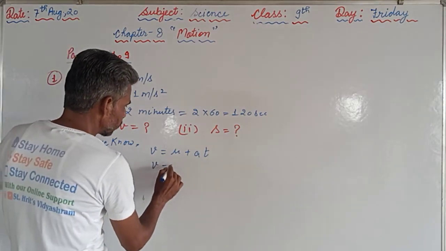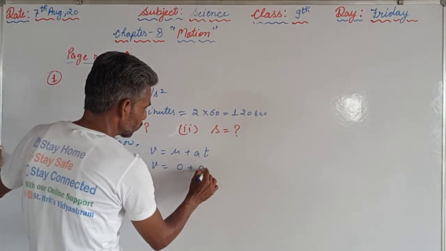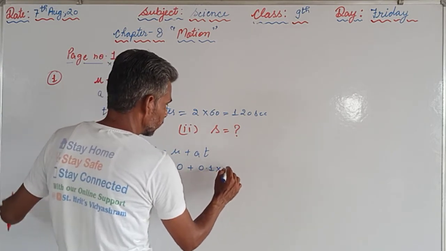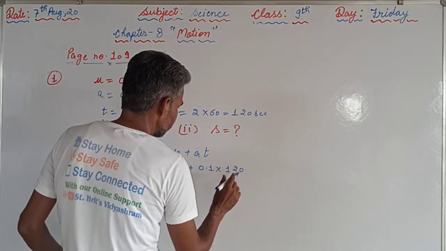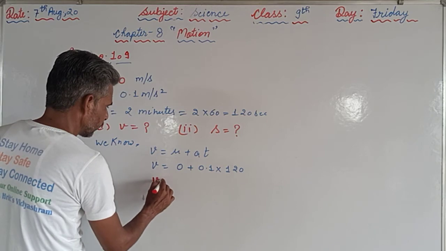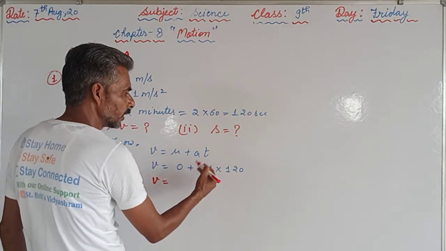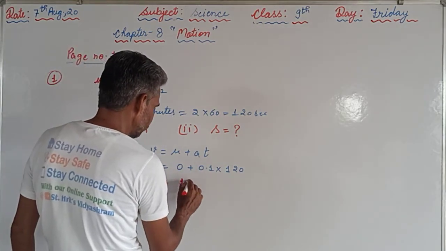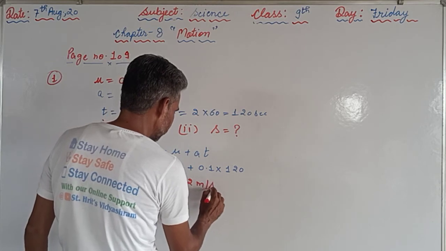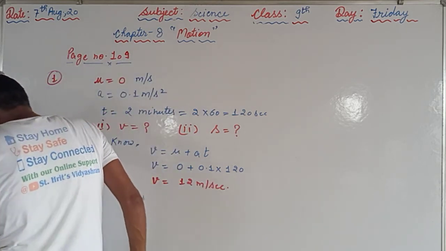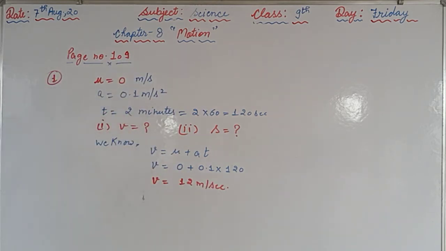V is equal to U, which is 0, plus 0.1 into T. T is 120 seconds, and from here we get V is equal to 0.1 into 120, that is 12 meter per second. So the bus will acquire the speed of 12 meter per second after 2 minutes.